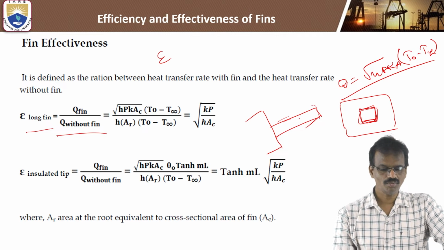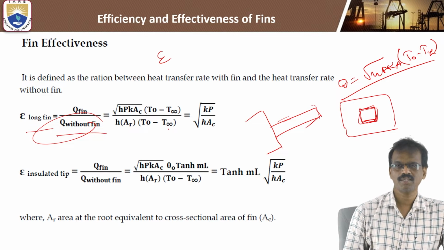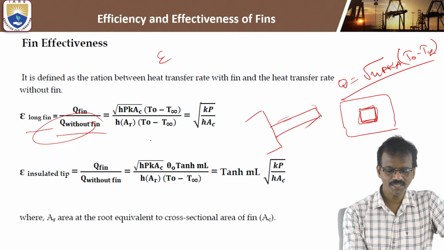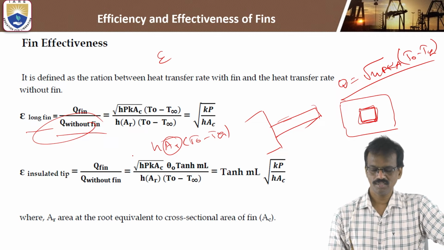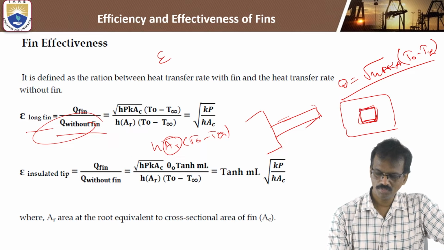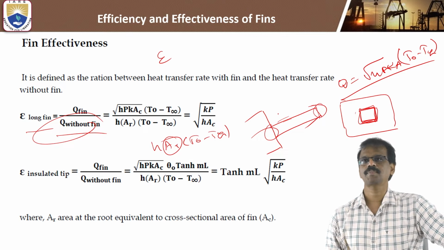So q without fin means hA theta naught, that is hA(T0 - T infinity). This area is nothing but the small covering area, the end area.